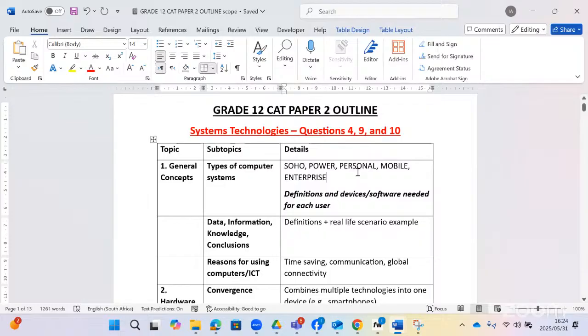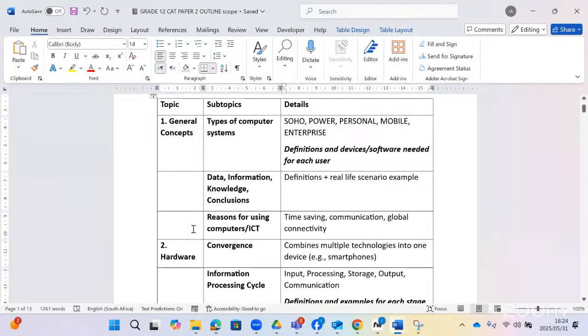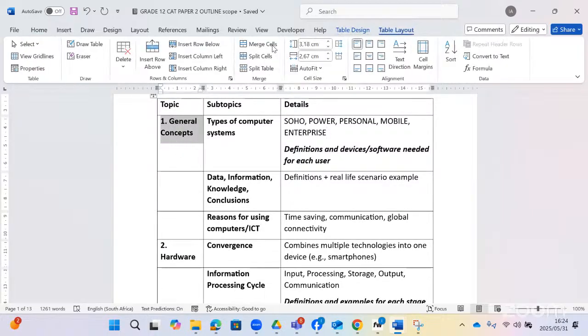When you are defining it, state what that type of user is, and then you mention one function of it. That's how we must stick to that when you are defining something. Then again, you must also know the difference between data and information. Then you must also note knowledge and conclusion, definition, and then the scenario example.